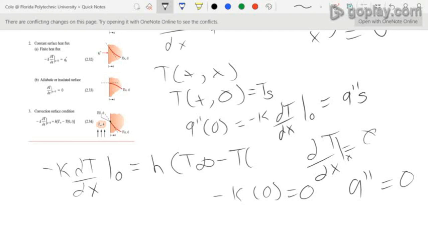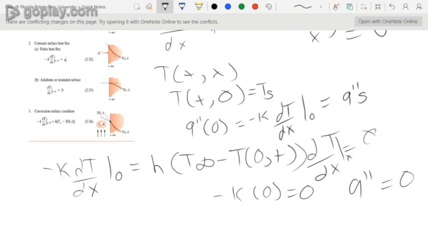So remember, the temperature is a function of both the depth into the material, or x, and time. So at any given time at the surface, at the initial position, because the further you go into the material, the further x is in this situation. It could also be different directions, like y, but we're just using x.